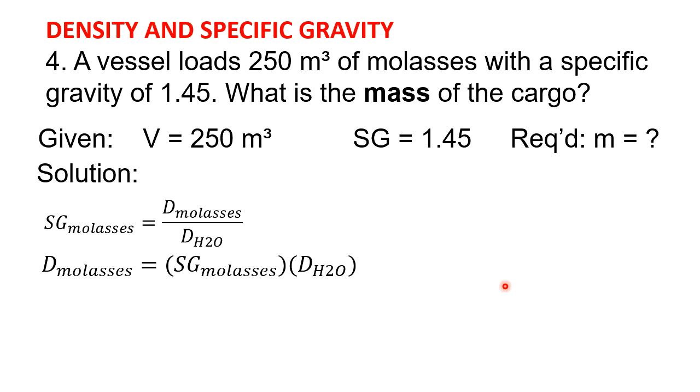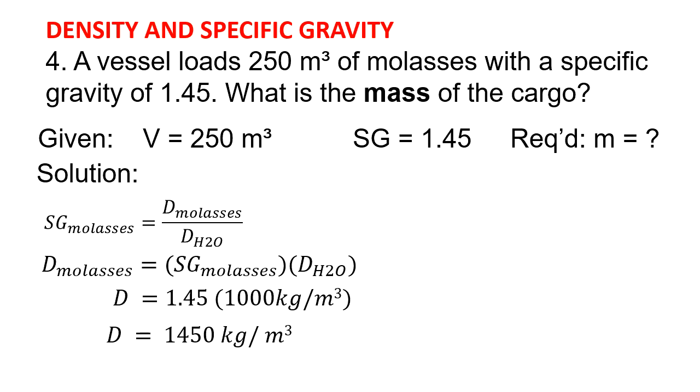So from our problem or from our given, let us substitute. So specific gravity of molasses is given as 1.45 and the density of water is 1,000 kilograms per cubic meter. We multiply them and we get the density of the molasses, which is 1,450 kilograms per cubic meter. Now to solve for mass, we know that density equals mass over volume.